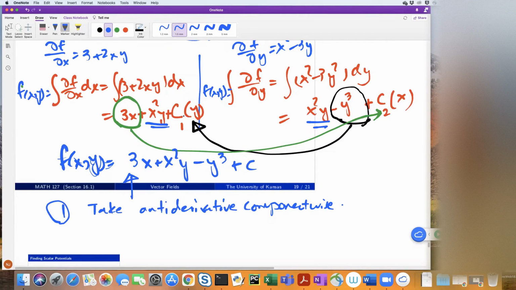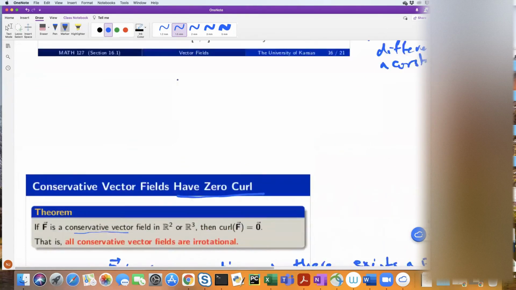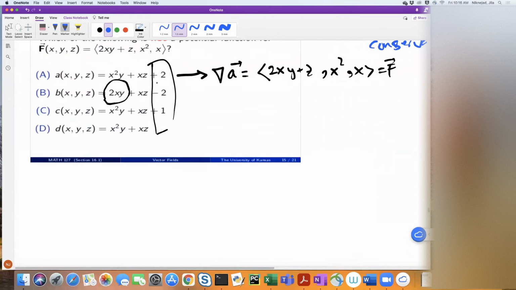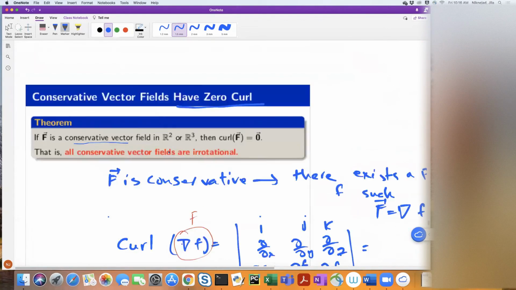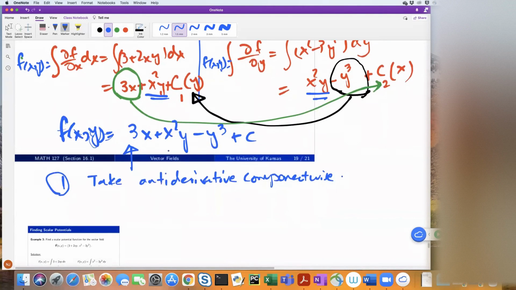So this C1 of y could have been negative y to the third plus 5. So that 5 doesn't show in any of them. That's the story that we had in the iClicker, that you can't have all these numbers that I don't know, right? Okay, yes. So that, again, it's just like taking the antiderivative. And thank you, Jill.